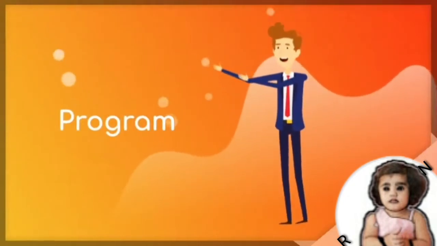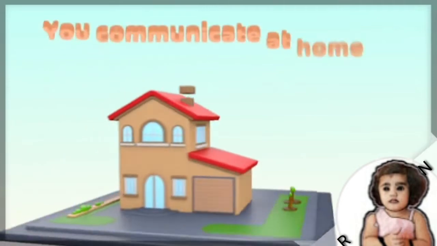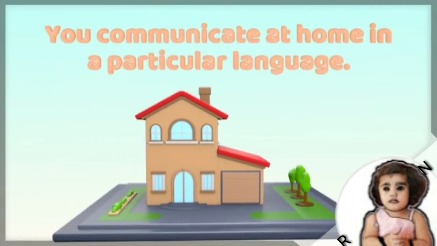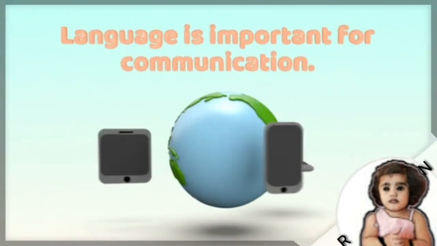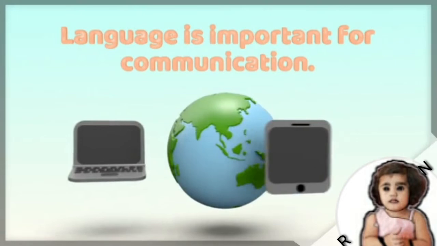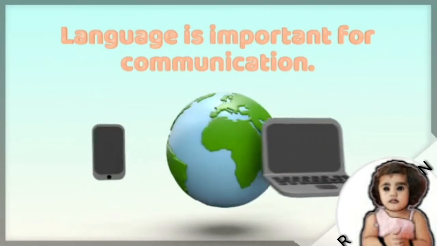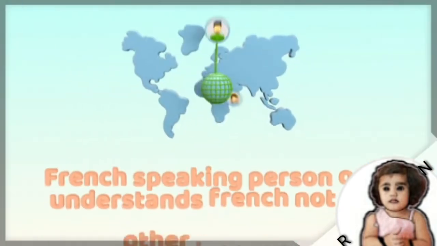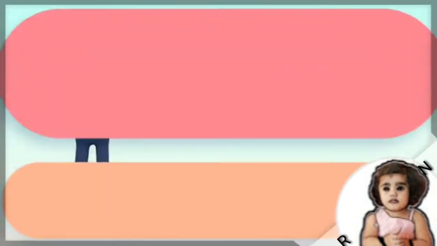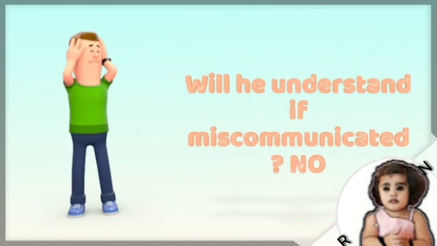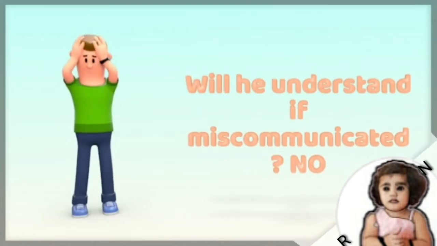For example, you all speak to your parents at home in some particular language, okay? Because you understand that language very well, you can speak that language very well, so you communicate in that particular language. Similarly, if I know English and someone else only knows French, and if I communicate with that French person in English, can he actually understand it?